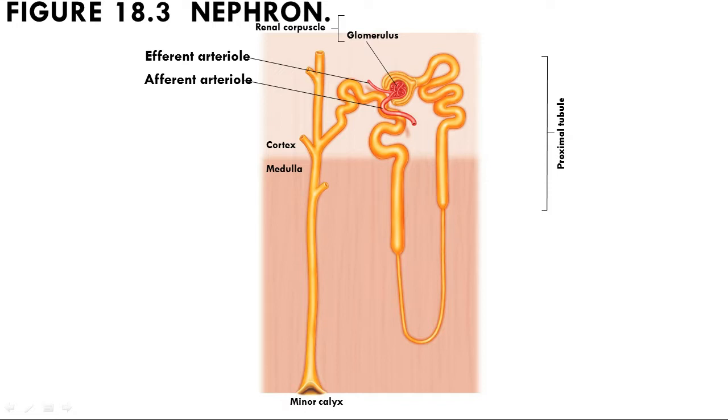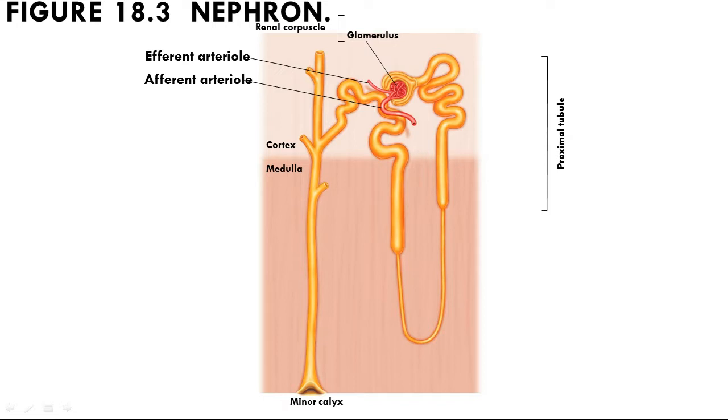It's convoluted because, what does that mean? It's folded. Why do we want this tube to fold? To increase surface area. Check in your work from your handout.